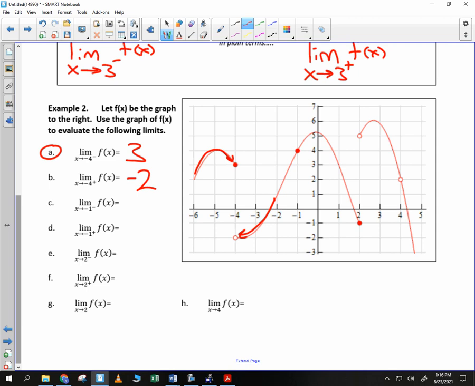Now what am I approaching for C? From the right or left? Left. So we approach negative 1 from the left. What's the output? What's the height approaching? 4. Now I'm going to approach negative 1 from the right.